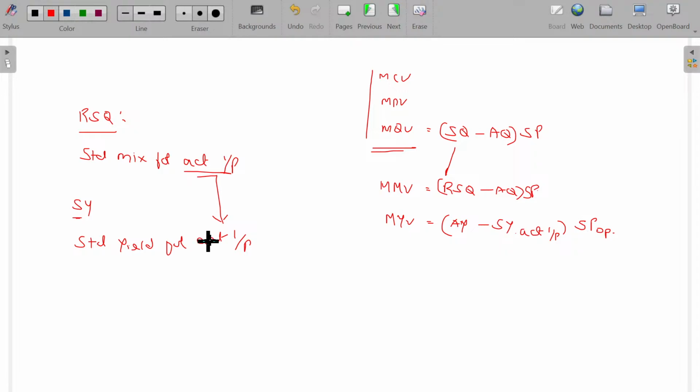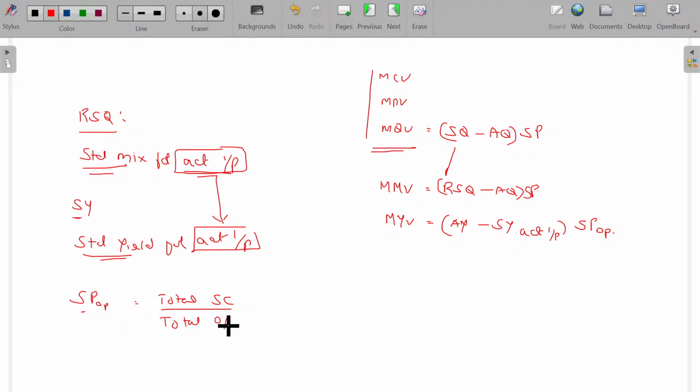So quantity is also calculated for the actual input. Output is also calculated for this one. And third step, you have to calculate standard price per unit of output. Total standard cost divided by total output will be the standard price per unit of output. Total standard output, or standard yield.